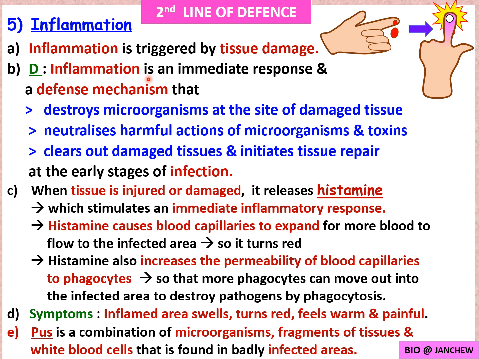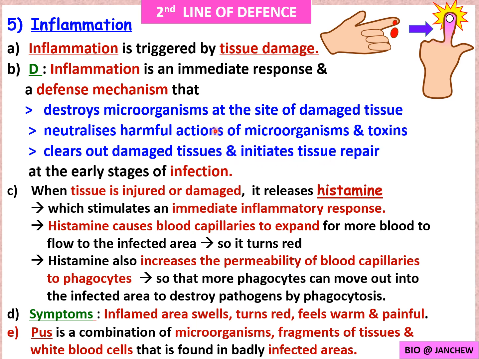So, inflammation is an immediate response and a defense mechanism that destroys microorganisms at the site of the damaged tissue, neutralizes the harmful actions of microorganisms and toxins, and clears out damaged tissues and initiates tissue repair.